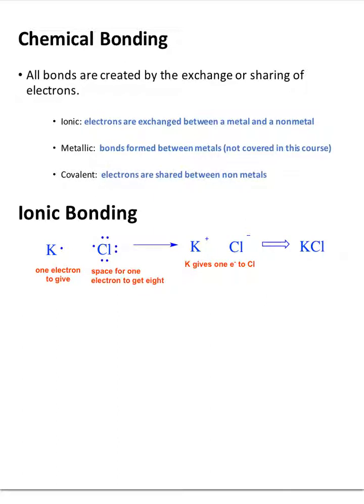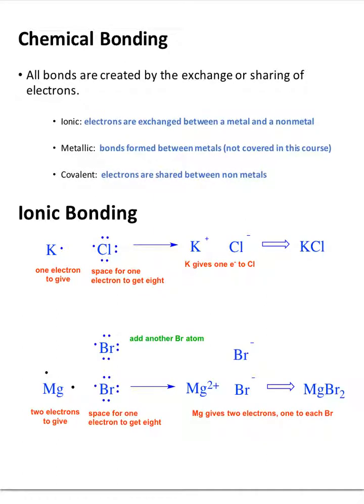Potassium is going to want to give away 1 electron, and chlorine really wants to accept that electron, because everything wants to get to where it has either 0 or 8 electrons around it. So potassium gives its 1 electron to chlorine, both of them ionize, and you end up with K plus and Cl minus, which is another way of saying you have the compound KCl, or potassium chloride.